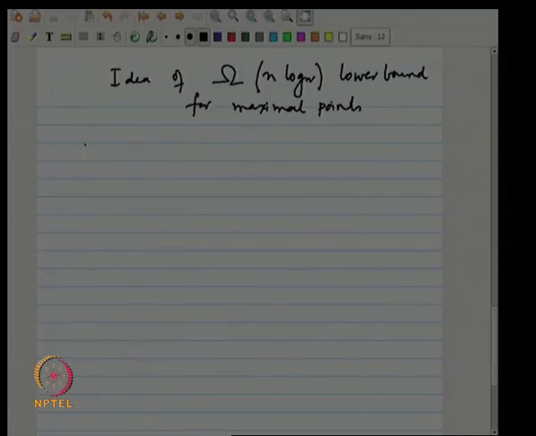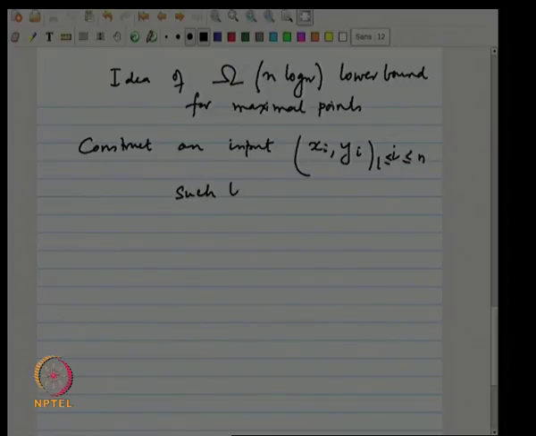We will construct an input: x i, y i between 1 and n, such that x i plus y i is some constant C, a large enough constant.